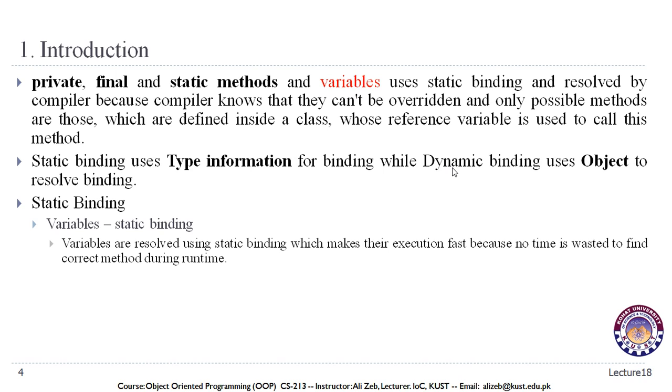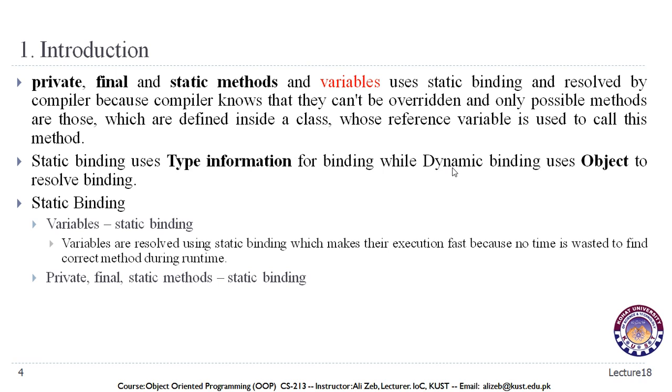When we declare variables, which are usually private, they use static binding, and we do not need to wait at runtime for the type of the variable or the output of the method. For running the program, we know in advance what the type of that variable will be.